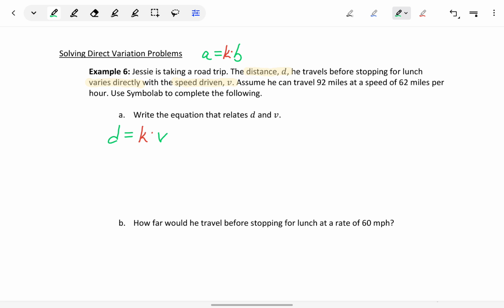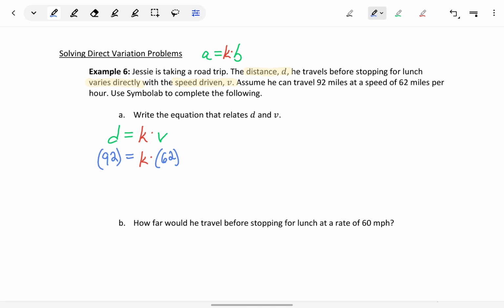The additional information that we're given in the problem tells us that he can travel 92 miles, so that's a value we can substitute in for d, and set that equal to k, which is still some unknown value, times a speed of 62 miles an hour. That is, if he's traveling 62 miles an hour, he can travel 92 miles.